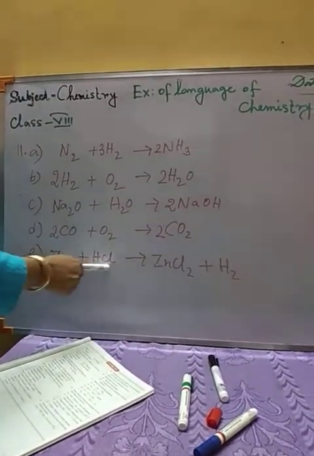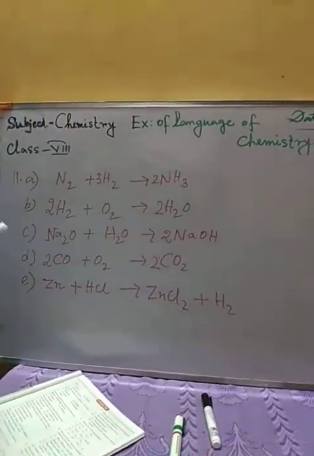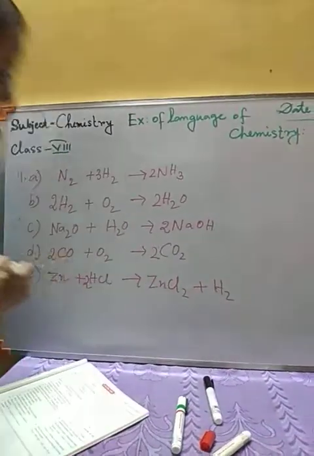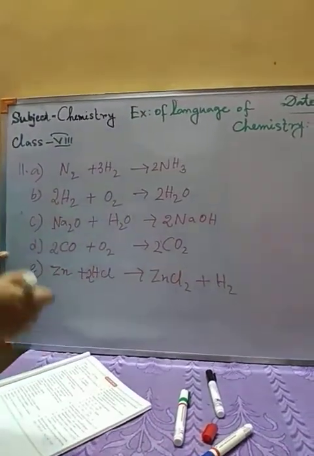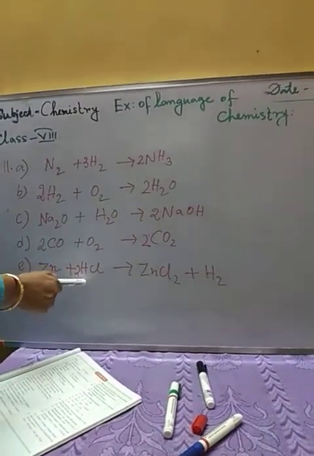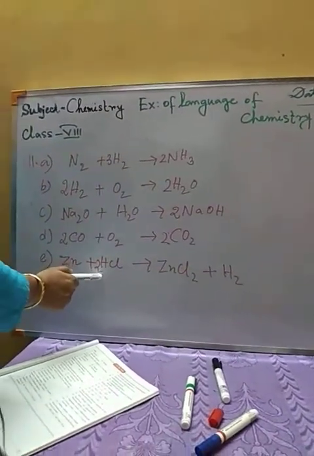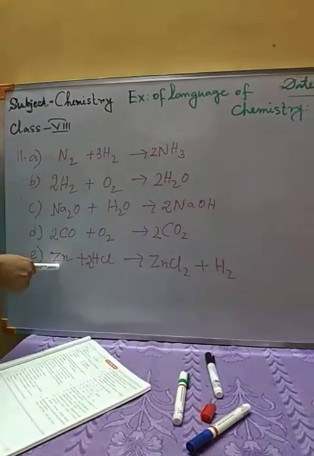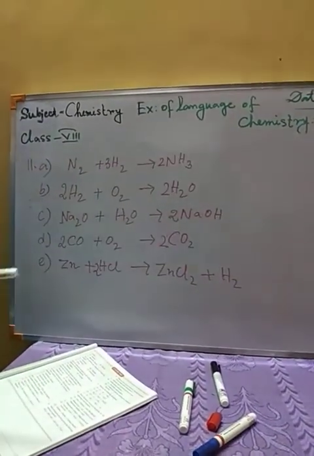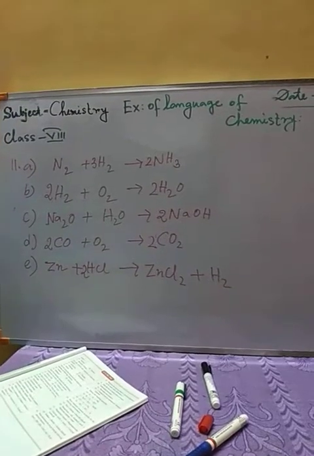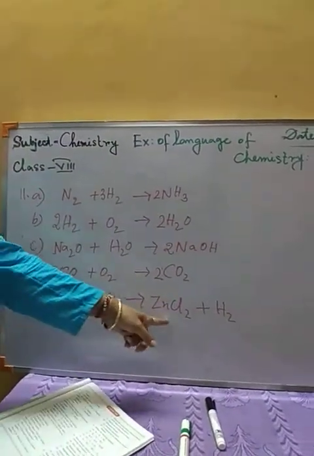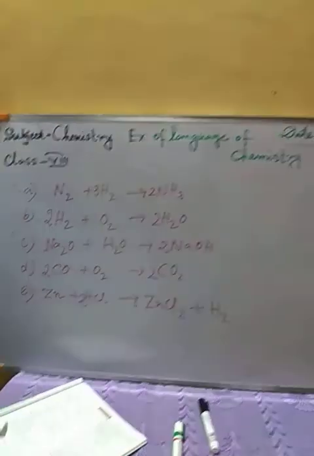Only from HCl we are getting the chlorine this side. So there must be at least 2 HCl, otherwise how will we get the chlorines? So if we write 2 this side, how many hydrogens? 2 hydrogen is there, this side also 2 hydrogen, 1 zinc, here 1 zinc. That means this is the balanced form of this equation. So Zn plus 2 HCl gives ZnCl2 plus H2.